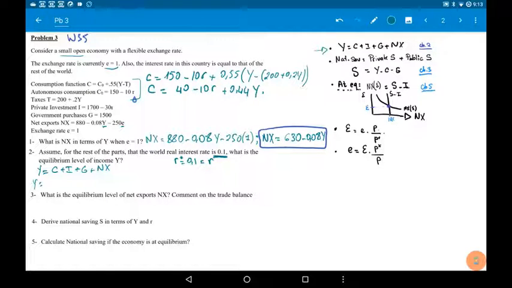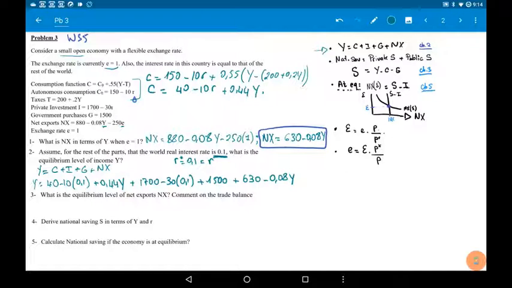So Y equals 40 minus 10 times r, where we replace r with its value, 0.1, plus 0.44Y, which is still unknown, plus I, which equals 1700 minus 30r, with r being 0.1, plus G, which is 1500, plus NX, which is 630 minus 0.08Y.